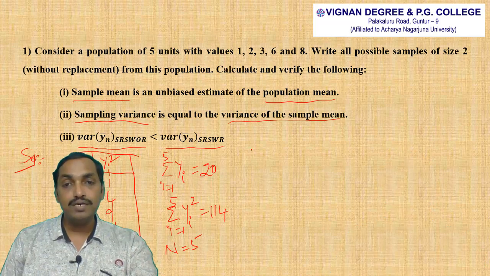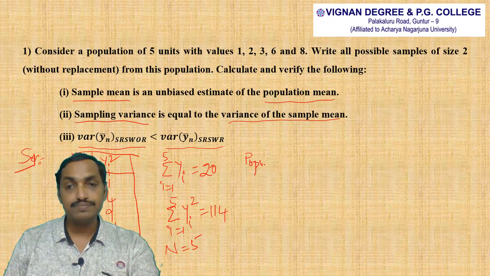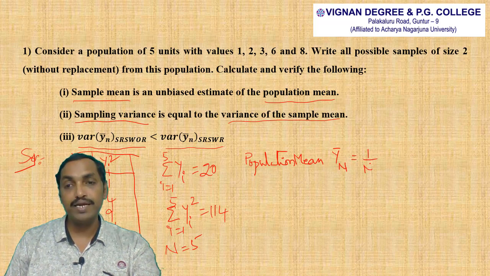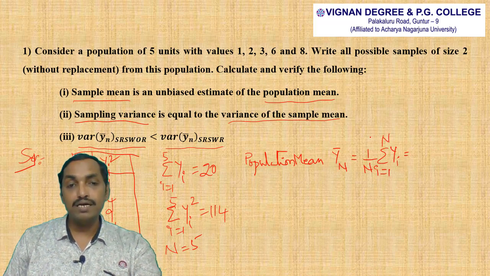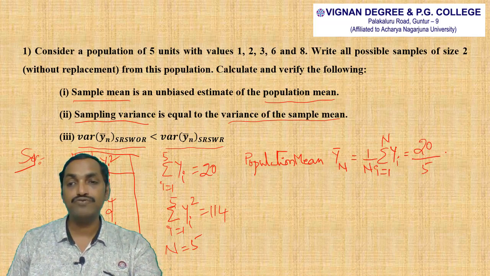Now from this, first let us calculate the population mean. This population mean is denoted by capital Y N bar, which is equal to 1 by capital N into summation i equal to 1 to capital N Yi. That is, in our problem, summation Yi is nothing but 20 and the number of observations are 5. So 20 divided by 5 is 4.